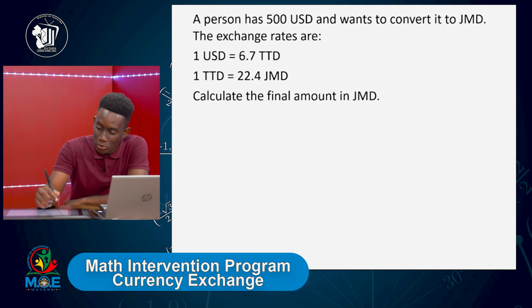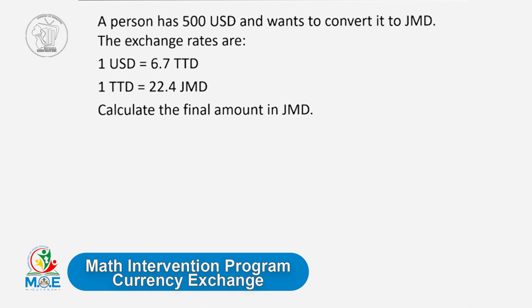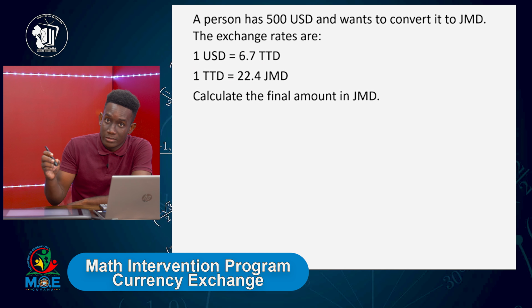So we see we can convert from US to TT. And then we see we can convert from TT to Jamaican dollars. So that is the avenue we have to take.